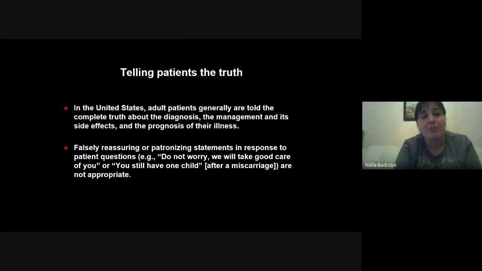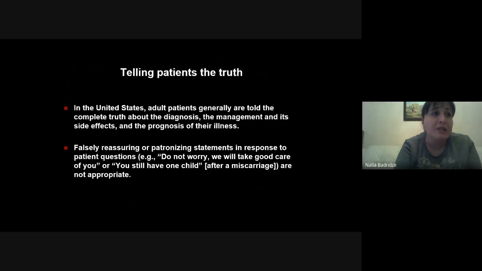This is a problem, and this problem varies from country to country, from culture to culture, and of course doctors should take into account the patient's psychological profile to tell him or her the complete truth or partial truth. So we need to take into account different factors.